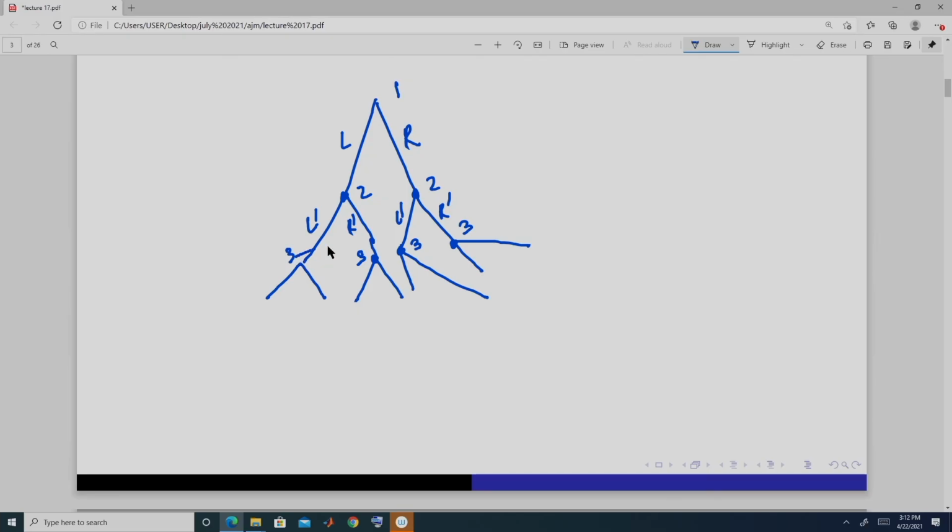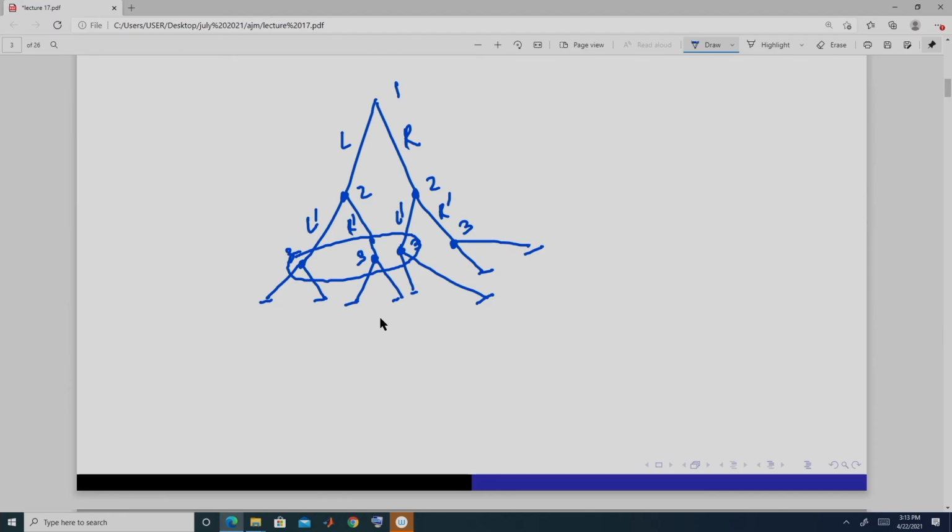Now, suppose I have a situation like this, and here I have some payoffs I will not specify now. In this situation, when player 3 is moving, it does not know whether it is in this node or this node or this node, because player 3 has not observed the actions of player 1 and player 2. So, that is why it is imperfect information, but it is complete information because all the payoffs are known.